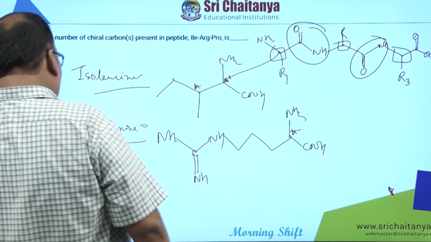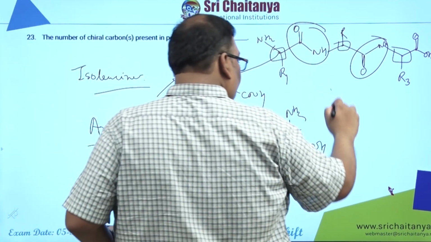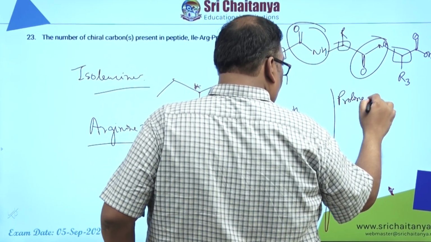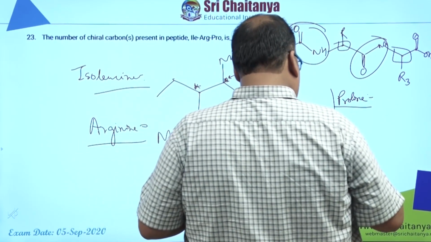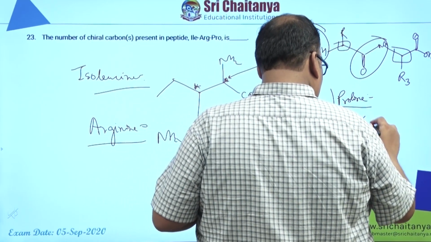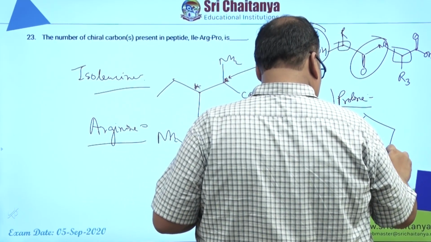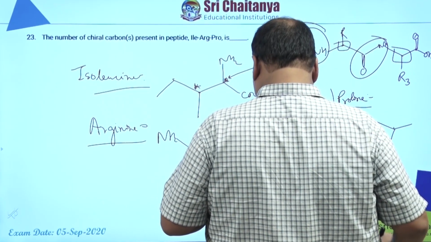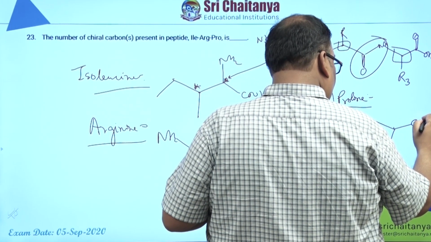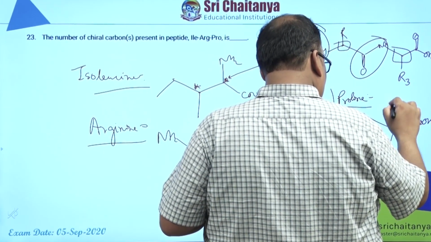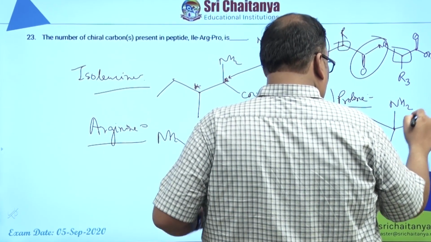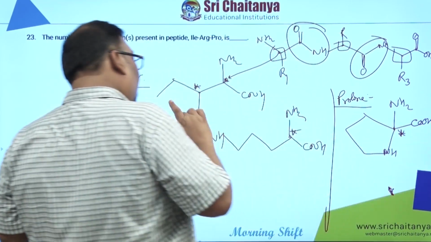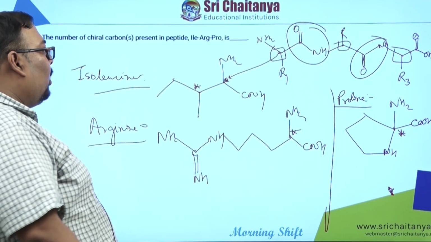And in case of proline, it is basically a 5-membered ring, and this is connected to COH and NH2. Now when you are talking about the chiral carbon atoms, I have denoted them by stars.